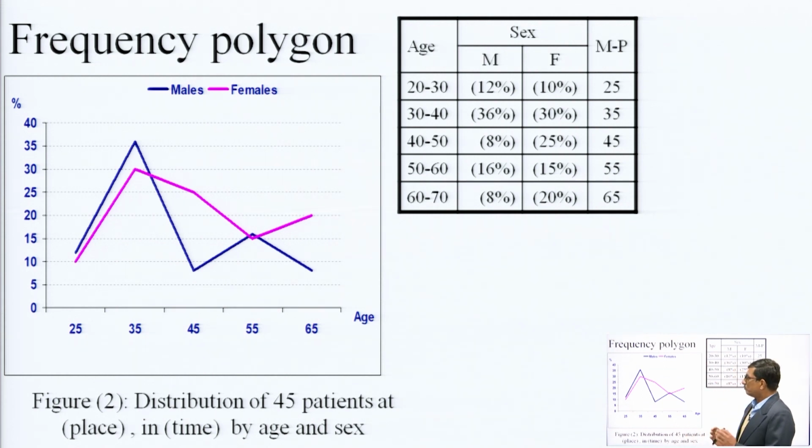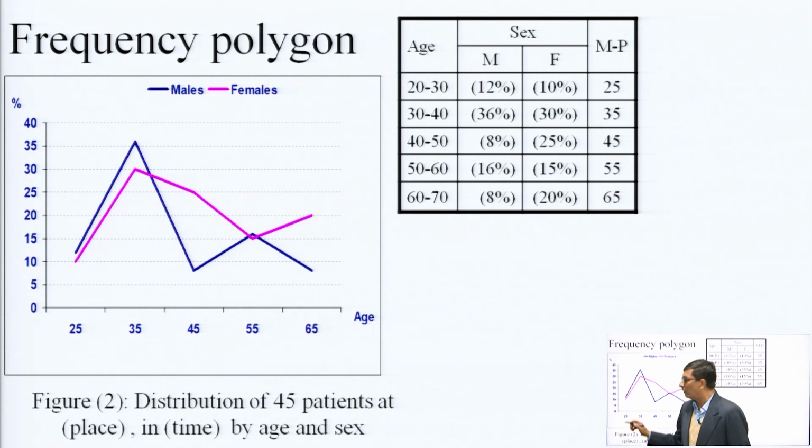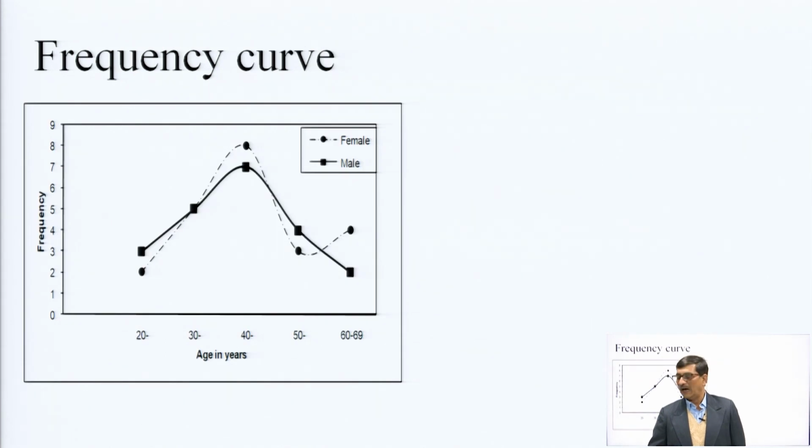In this example, we take frequency on the y axis, and we find the two polygons you see here, the purple for female and blue for male, sorry.